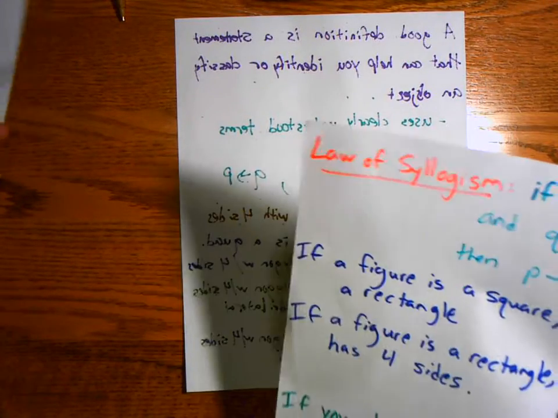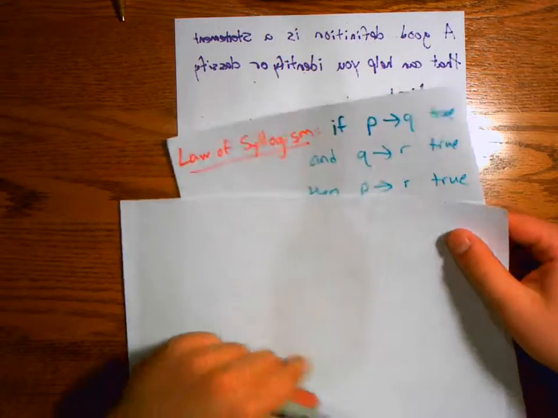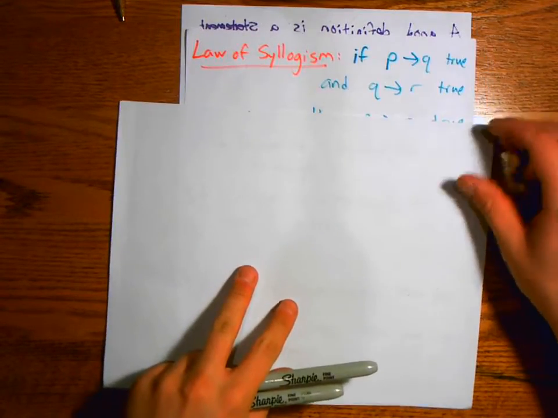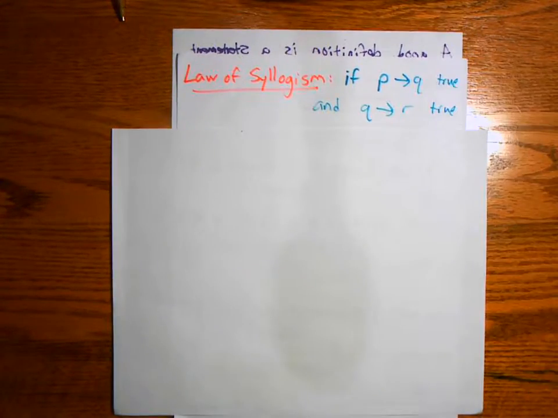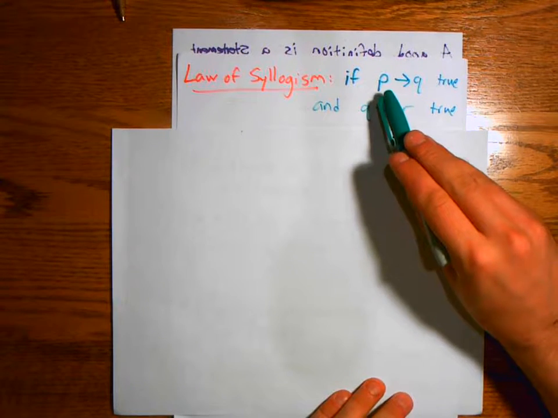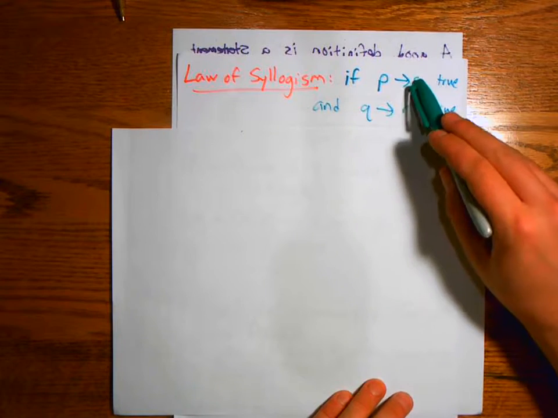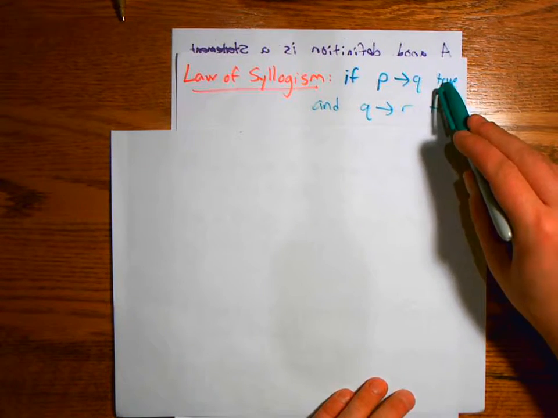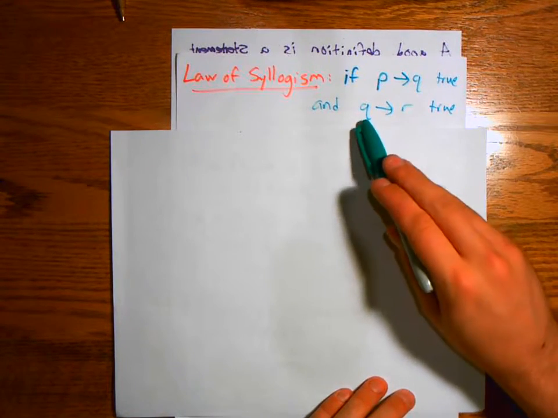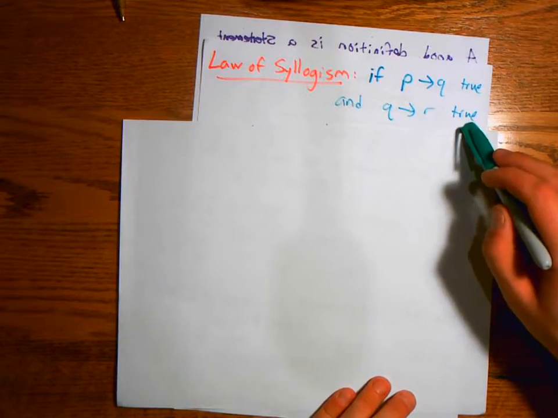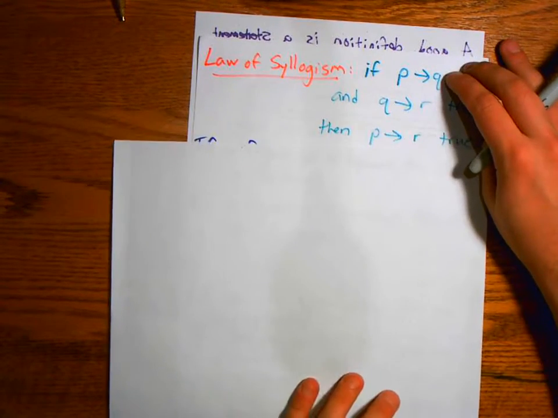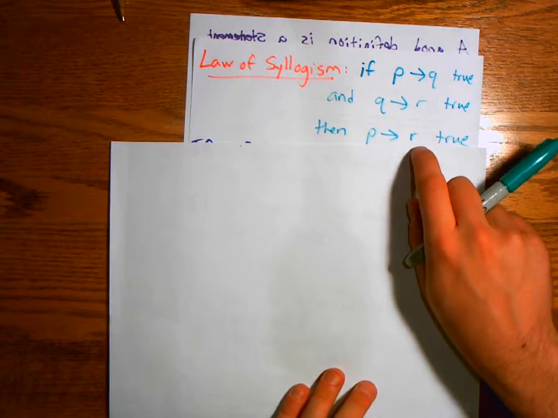Okay, and the other law that I want to introduce is the law of syllogism. The law of syllogism tells us if we have a conditional statement where P then Q is true, and then we have another conditional statement where Q then R is true, we can therefore conclude that P then R is true.